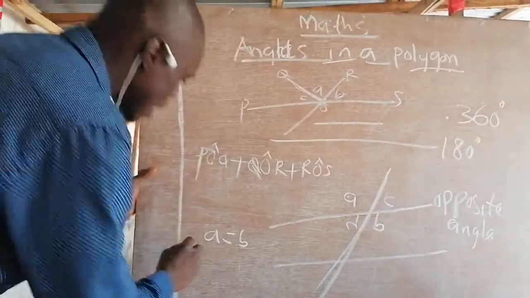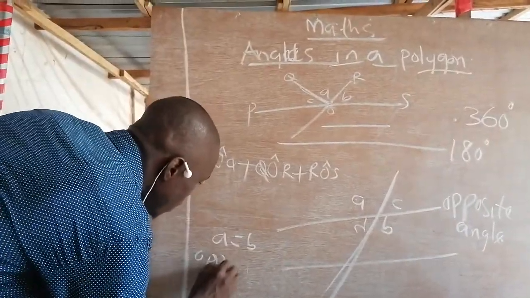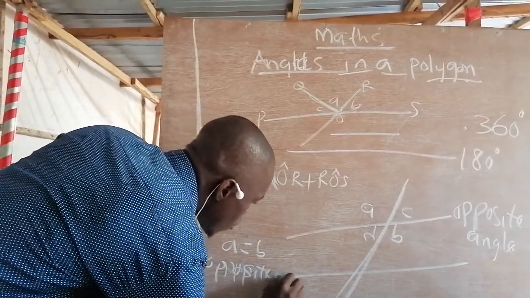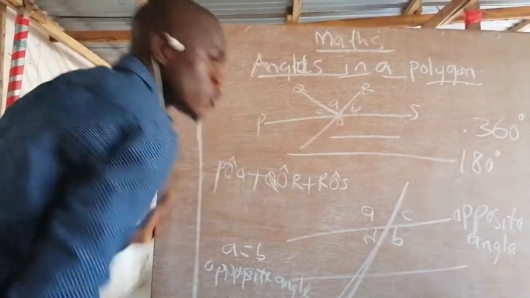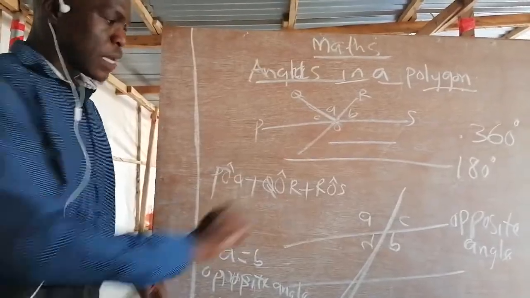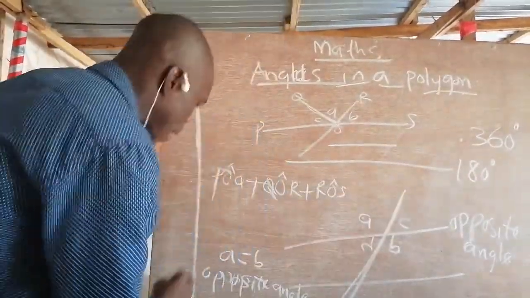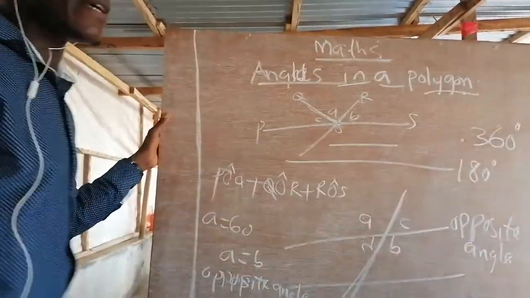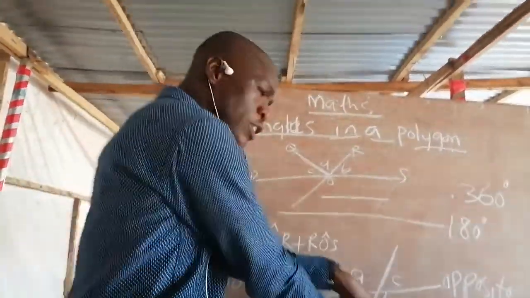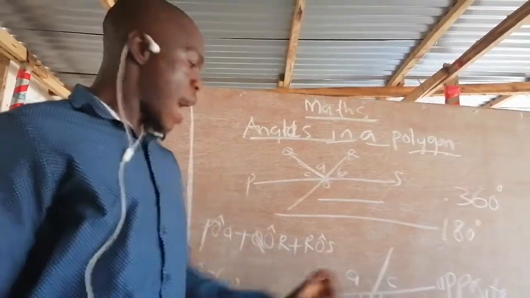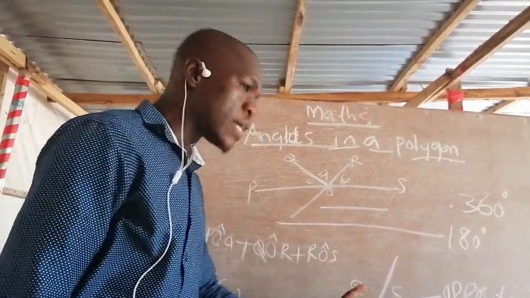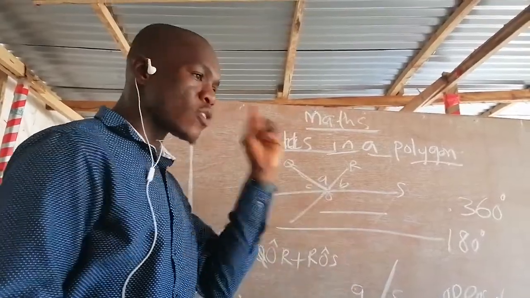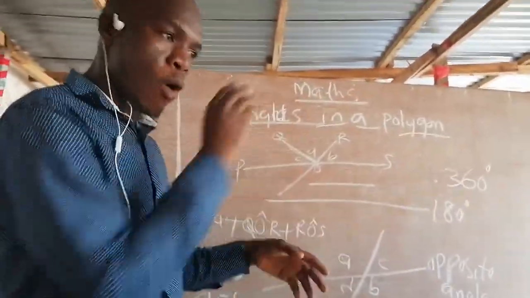So if I get, assuming, let me say, my A is equal to 60, what is my B? 60, because it's opposite to A. When this one is opposite to this, it is opposite angle. Angles that are opposite to one another, we call them opposite angles.